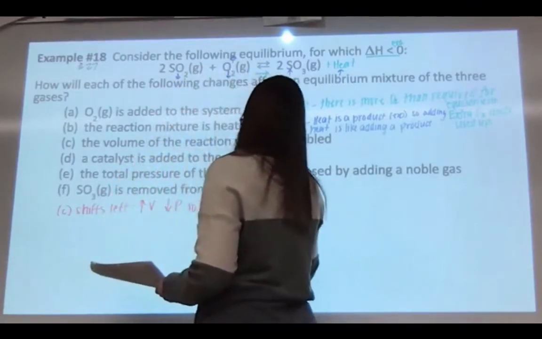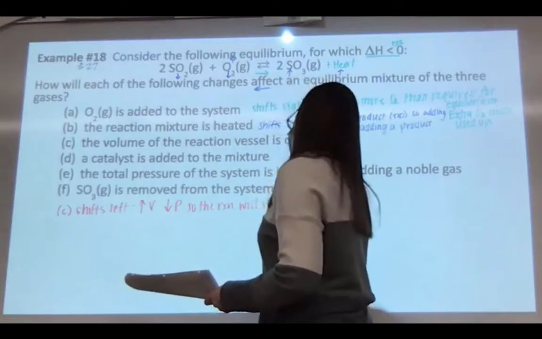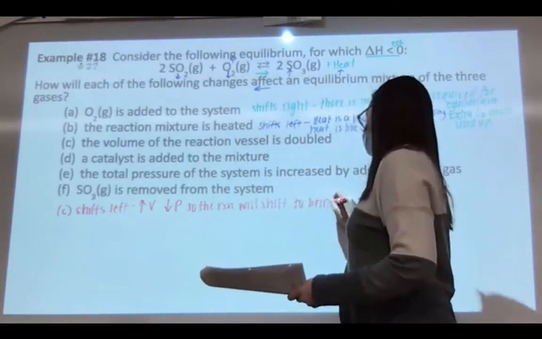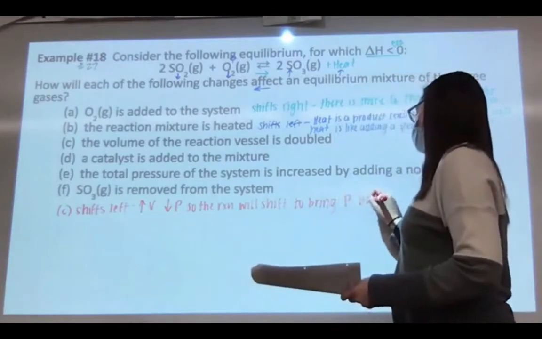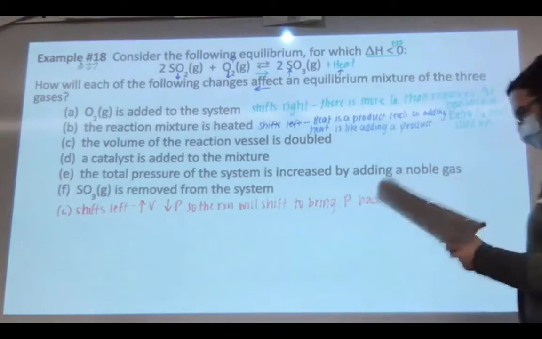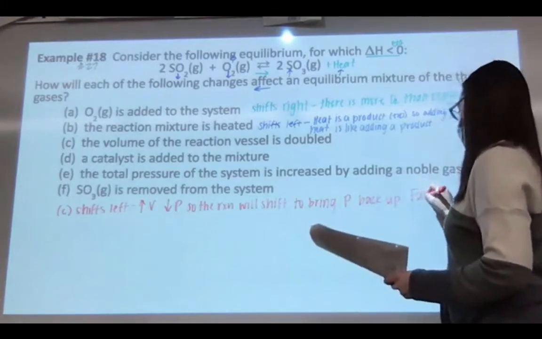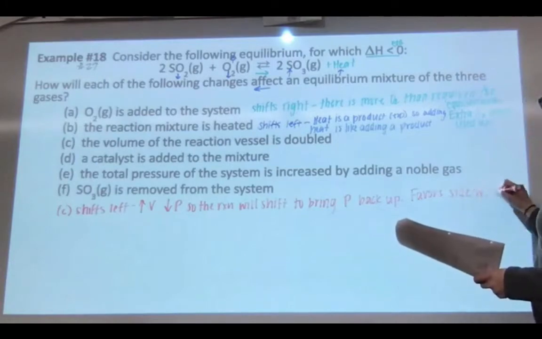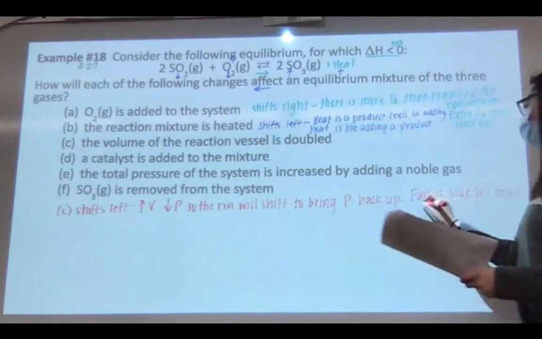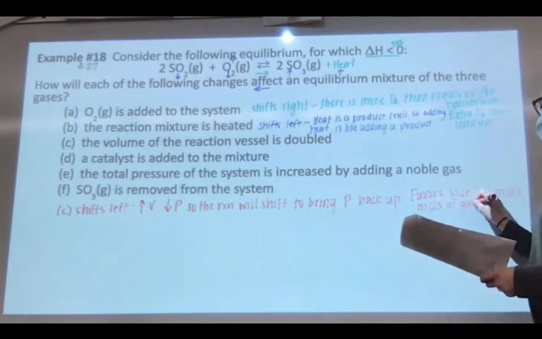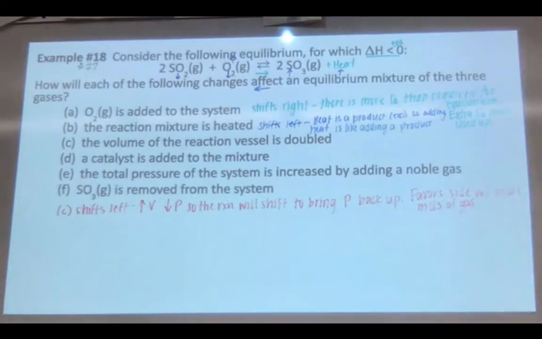So the reaction will shift to bring pressure back up. And so it favors the side with more moles of gas. The side with more moles of gas is the left side.